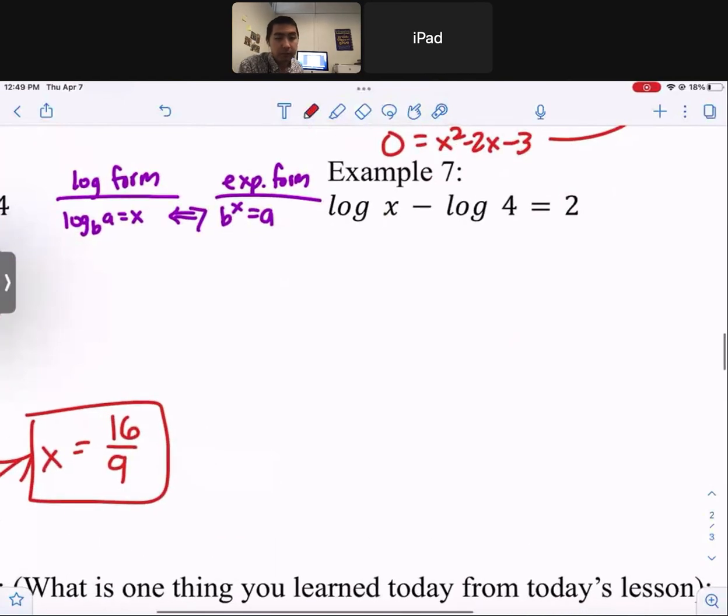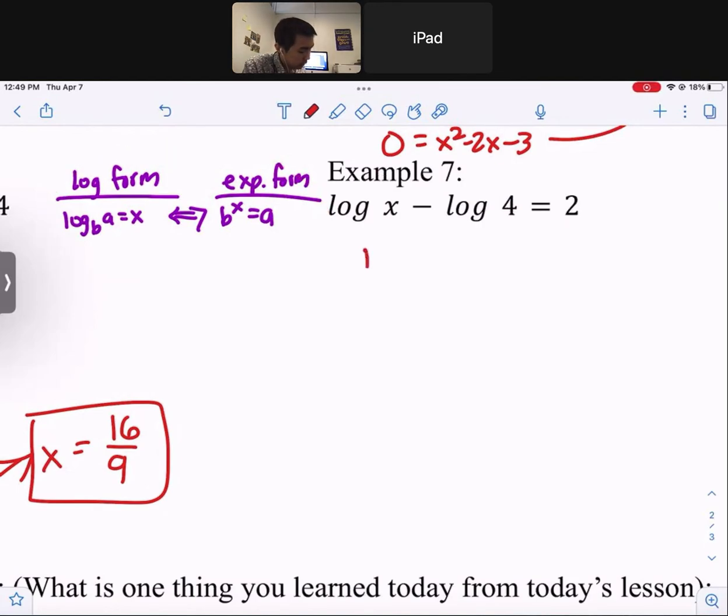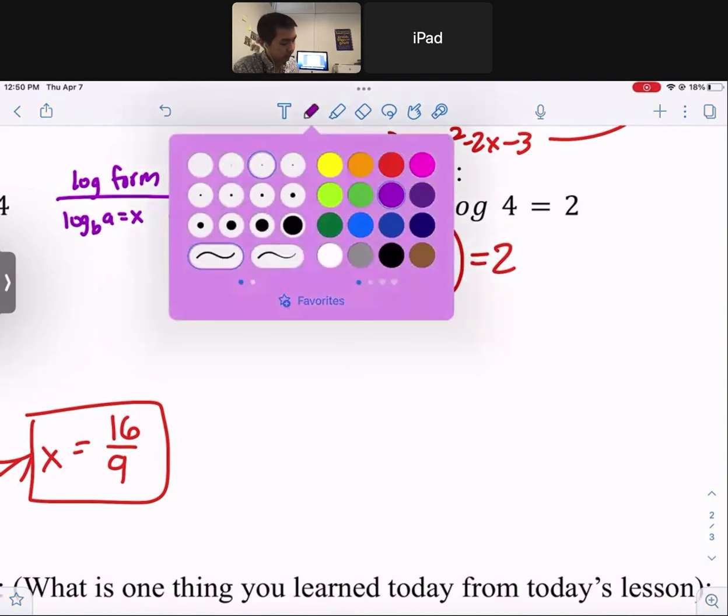And lastly, example 7. This is another one that looks like a log versus some type of number, so we are going to have to convert it to exponential form. So condense this, so log, since it's a minus, it's the quotient rule. x divided by 4. And what's the base of a log? It doesn't say. The base is always 10.